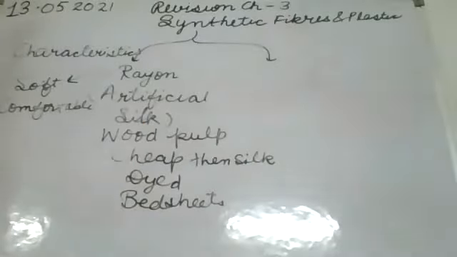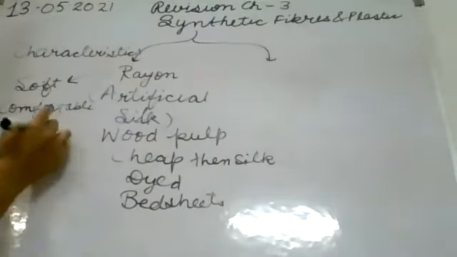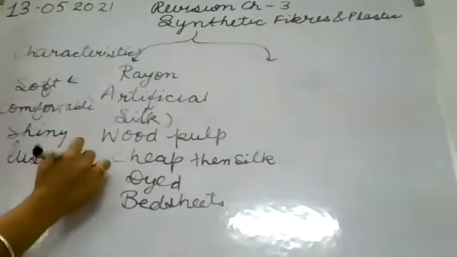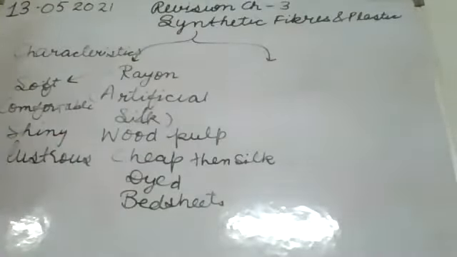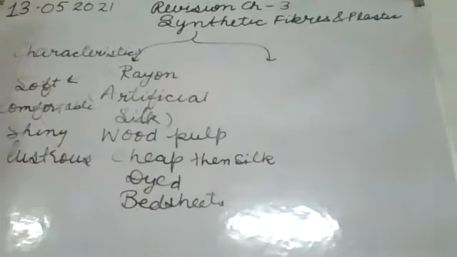Silk, S-I-L-K, sorry, I had written it wrong. So it is shiny and lustrous also. These are the characteristics of rayon, which we use for making so many types of shirts, ties, and scarves. These are the uses. Silk is not available in so many colors, so this rayon can be dyed in different colors.